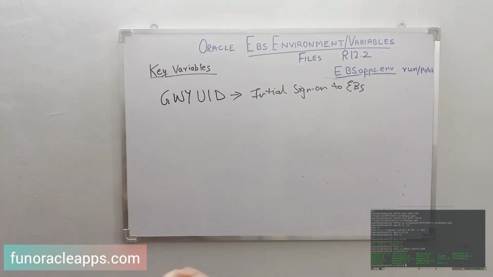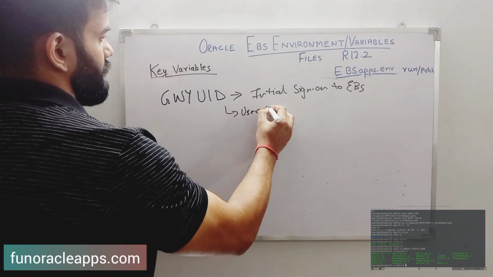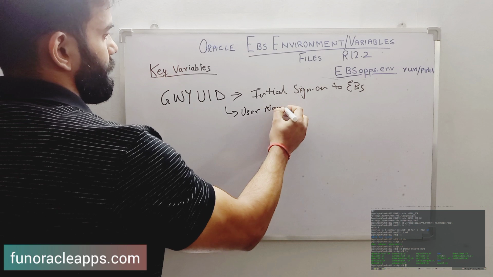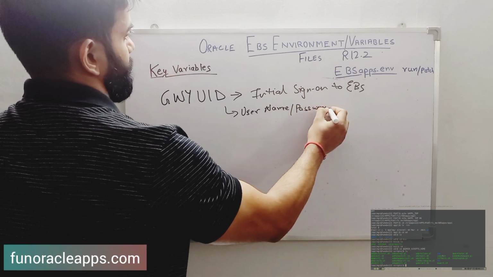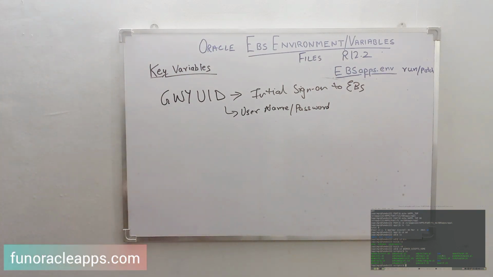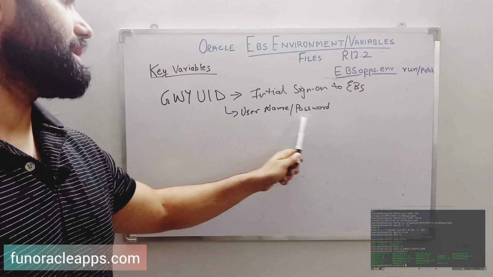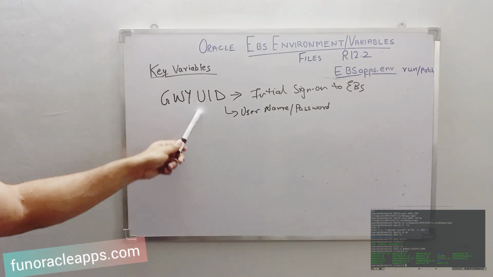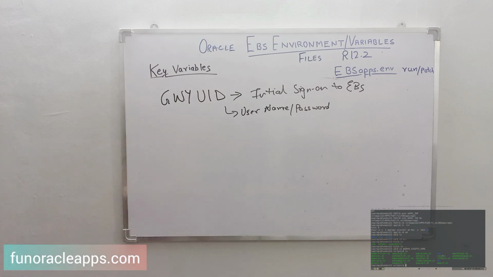This is a public username and password that is used to access that login page. So the first time, the authentication is done with your guest user ID and password. This is only used for authenticating any user.